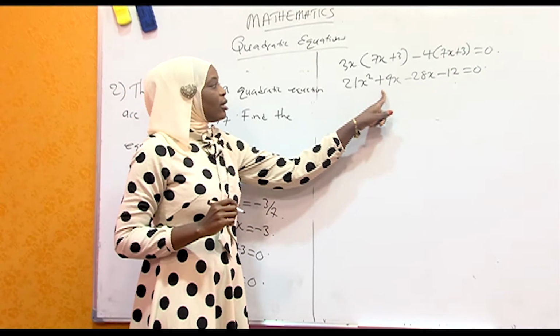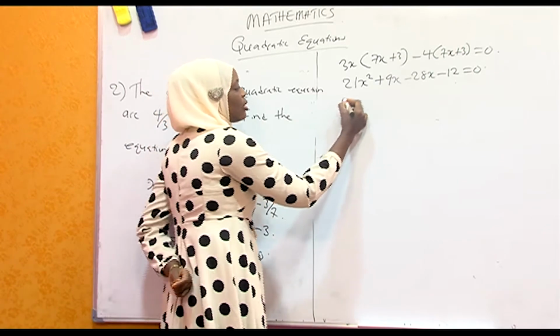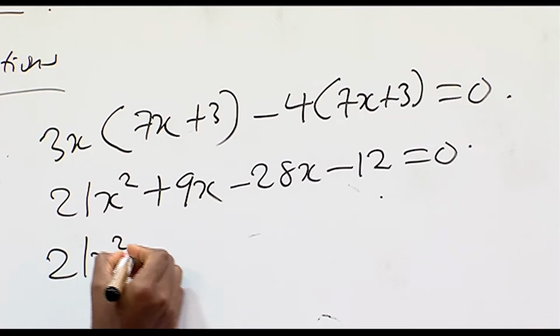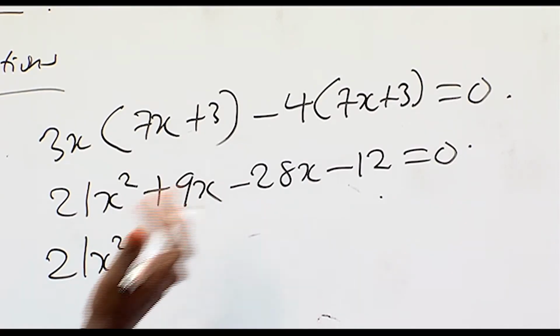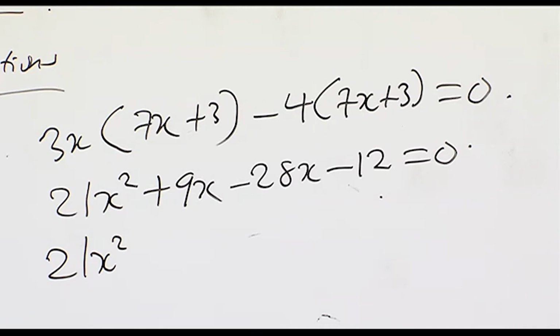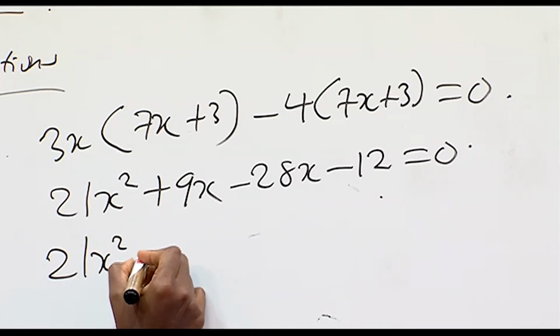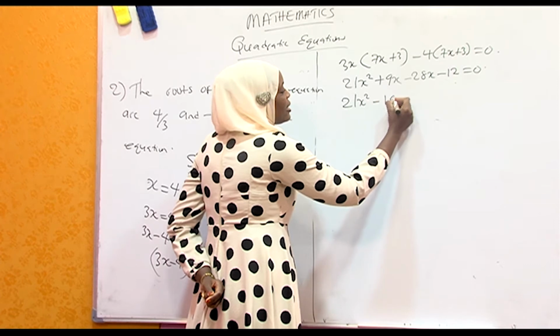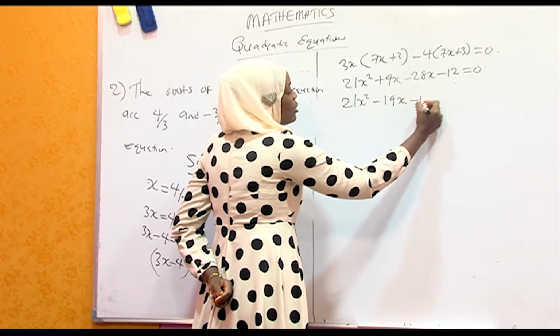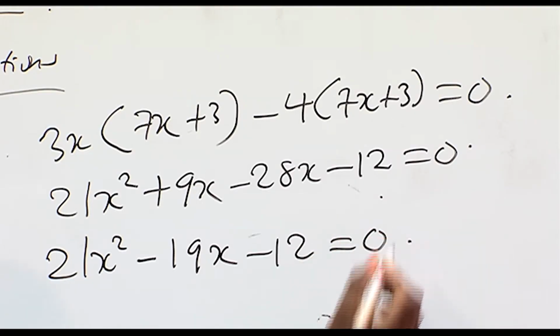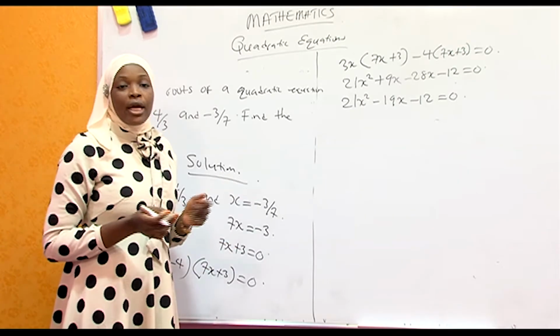Simplifying this, we have 21x squared plus 9 minus 28, which gives minus 19x, minus 12 equals 0. Finally, we have the quadratic equation.